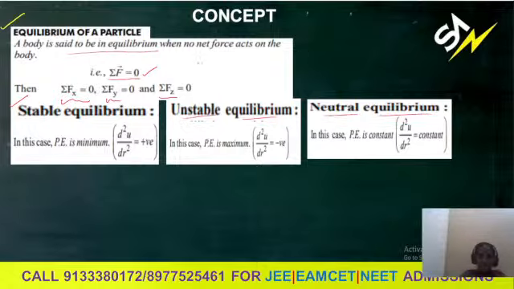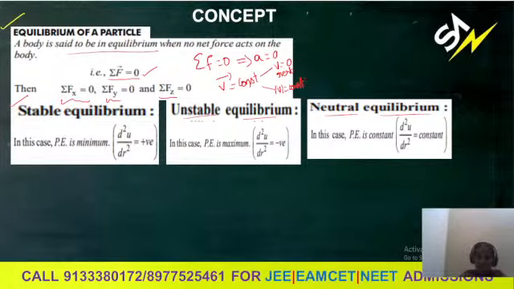The sum of the forces acting on an object being equal to 0 means we can say the acceleration is equal to 0, which means the velocity vector is constant. The velocity vector will be constant when its velocity is 0, that is, when it is at rest, or when the magnitude of velocity is constant.